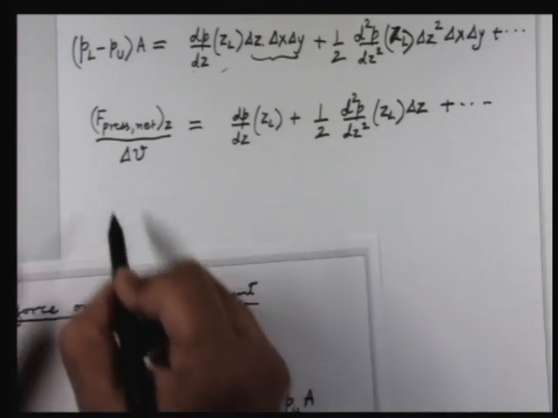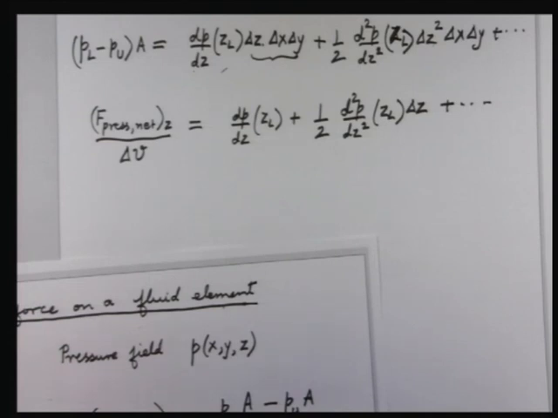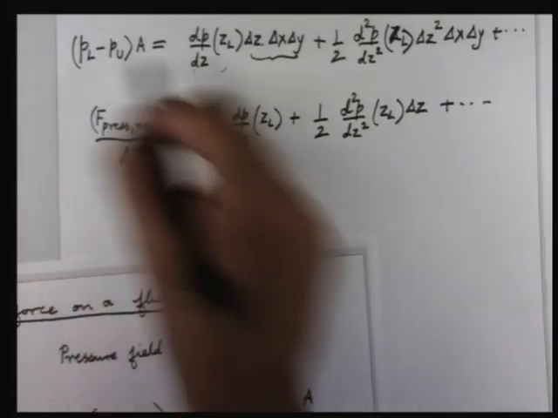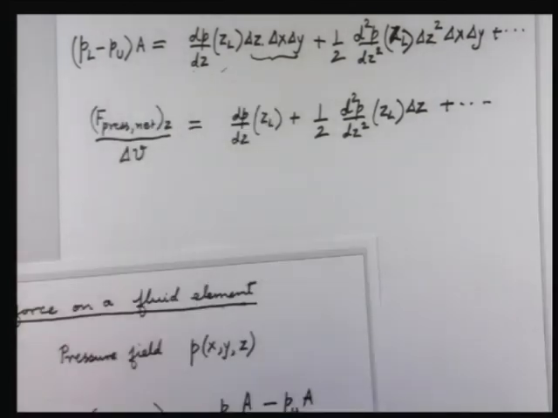Now, to develop what is called the basic equation of fluid statics, we'll look at this net pressure force per unit volume in the limit as delta V goes to 0.